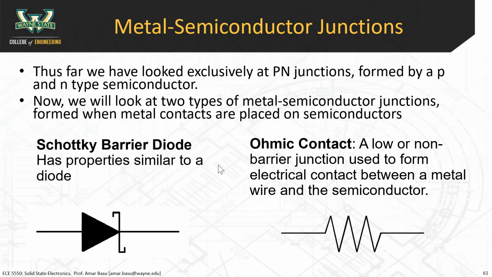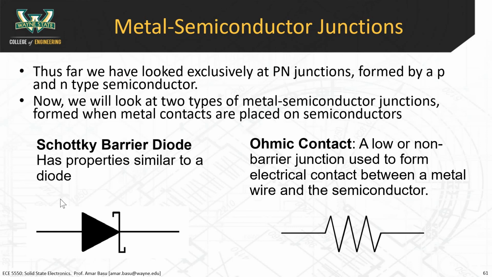It turns out two things can happen. One is a Schottky barrier, and the other one is an ohmic contact. The Schottky barrier has properties very similar to a diode, in fact very similar to a one-sided junction. Another situation that can happen is an ohmic contact, and the equivalent symbol for this is just a resistor.